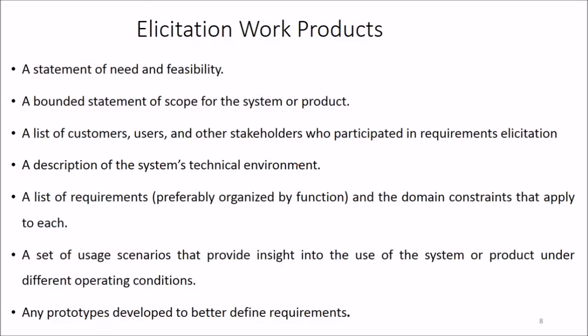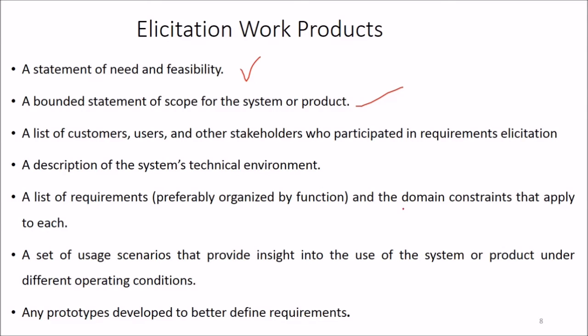Then the work products of elicitation. The work products that are a consequence of requirements elicitation will vary depending on the size of the system or product to be built. For most systems, the work products include a statement of need and feasibility, a bounded statement of scope for the system or product, a list of customers, users, and other stakeholders who participated in requirements elicitation, and a description of the system's technical environment.